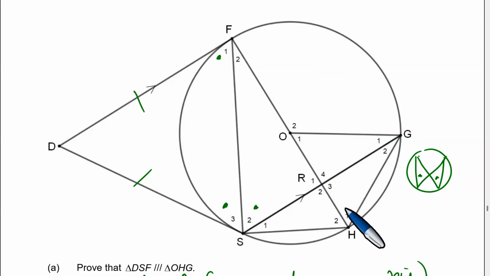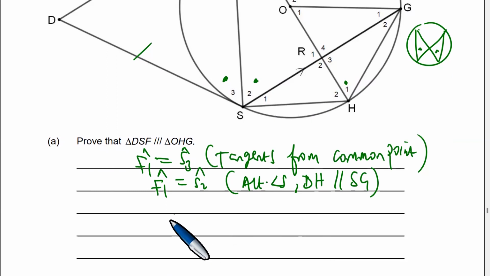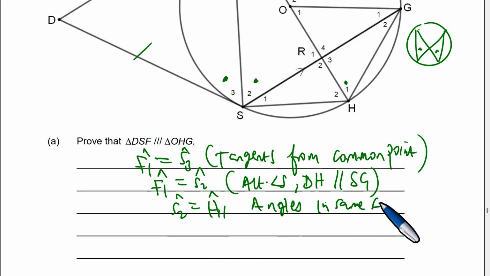So angle S2 is equal to angle H1, angles in the same segment.